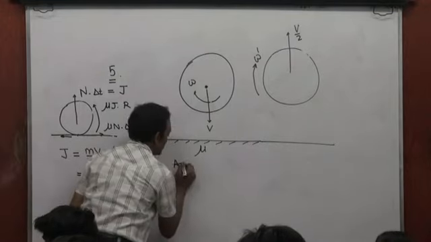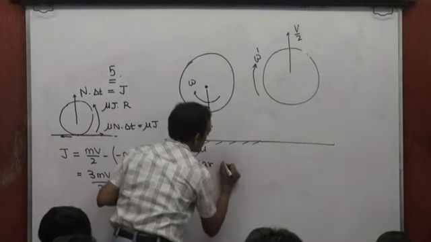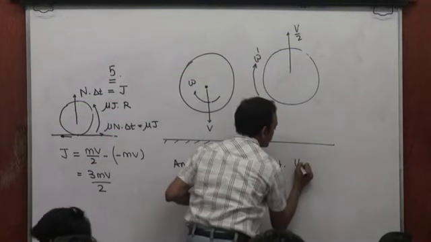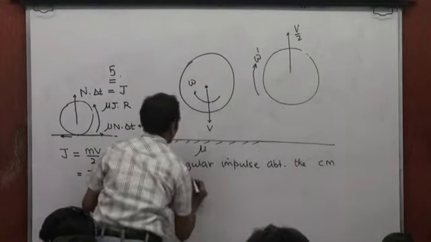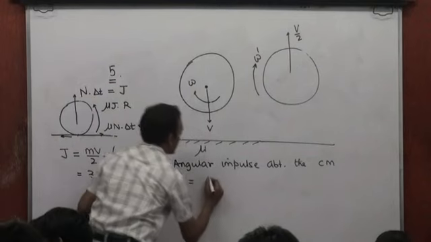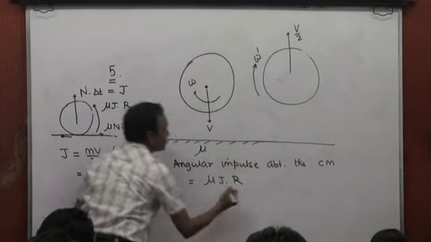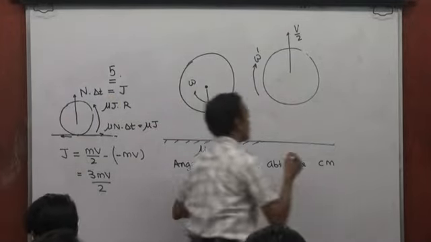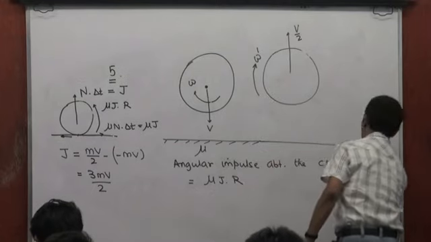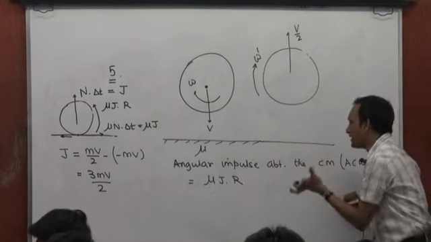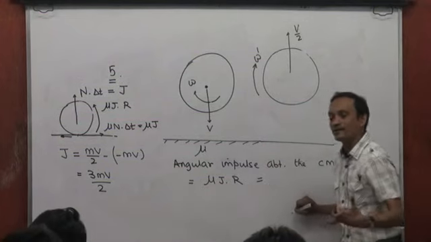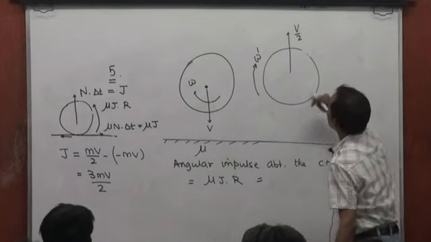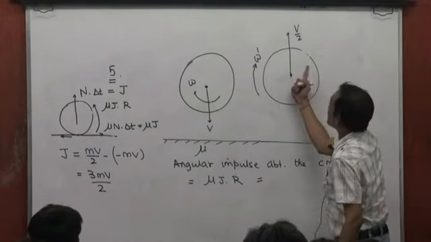So, angular impulse about the center of mass is mu J into r, which will be the final angular momentum minus the initial. Now, what's the final angular momentum in the clockwise direction?